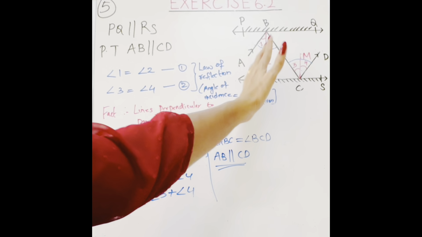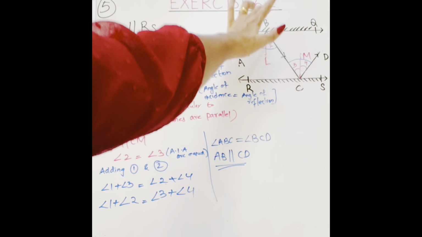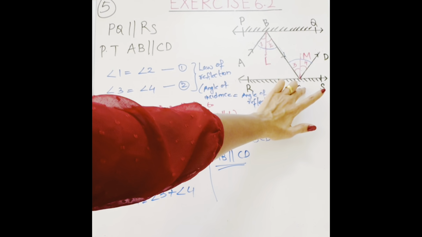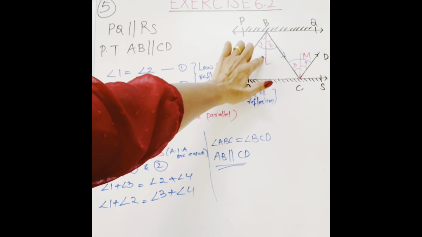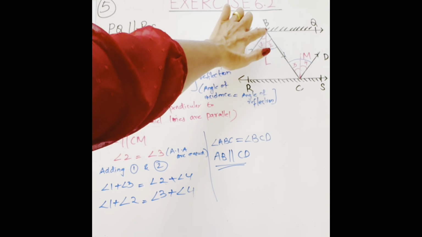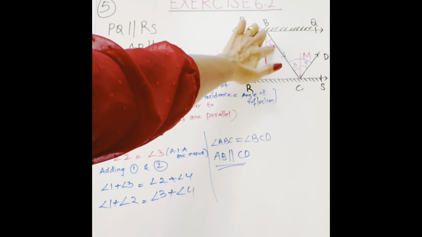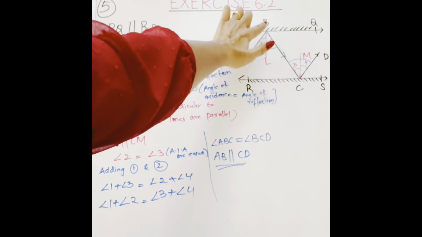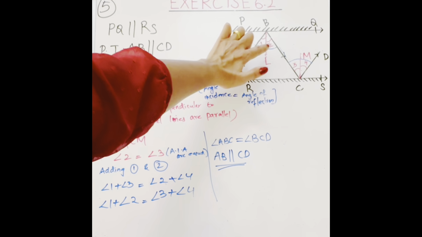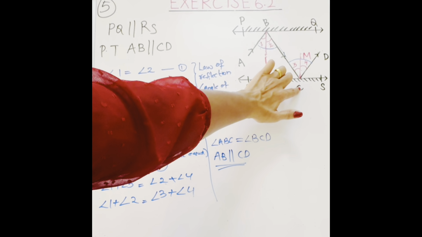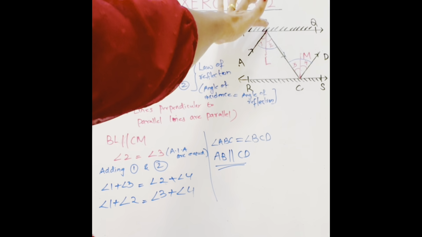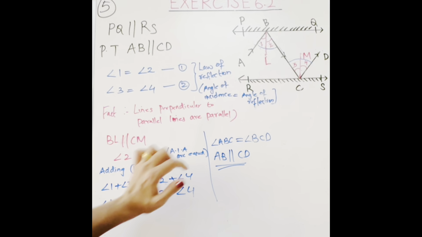These two are the normal lines, perpendicular to PQ and RS. These are the lines formed between the angle of incidence and the angle of reflection. So we know that BL is parallel to CM, as these two are perpendicular to the parallel lines.